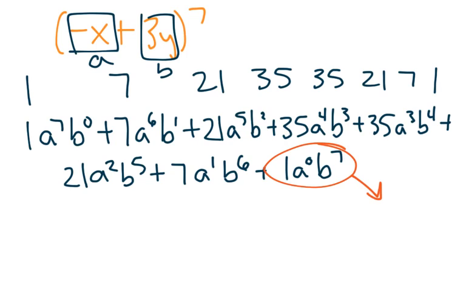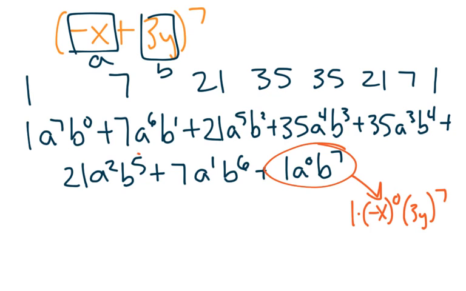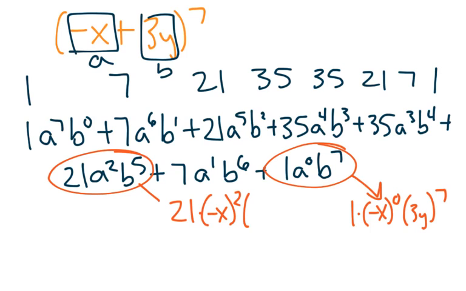Okay, so we'll need to figure that one out. 1 times a would be negative x to the 0, b, 3y to the 7th. We also wanted 5, so that would be this one, right? Okay, so 21 times negative x squared times 3y to the 7th.